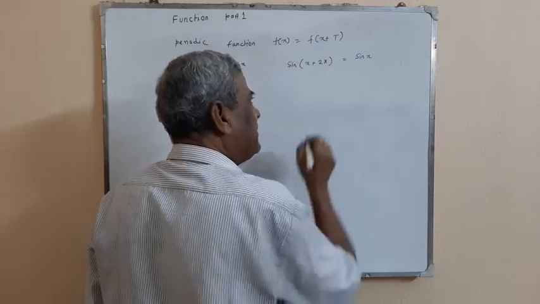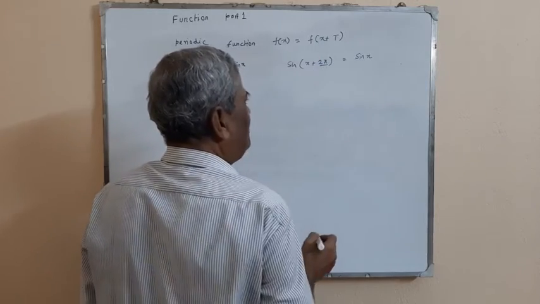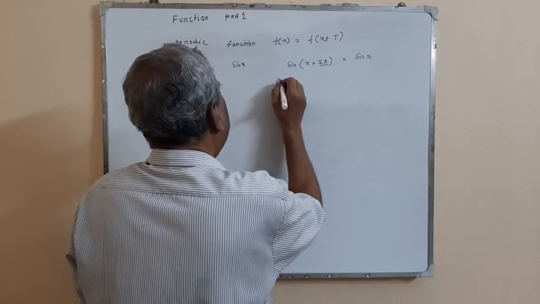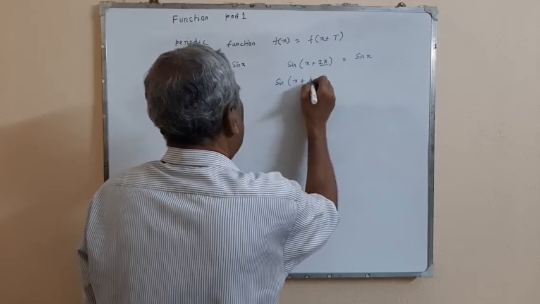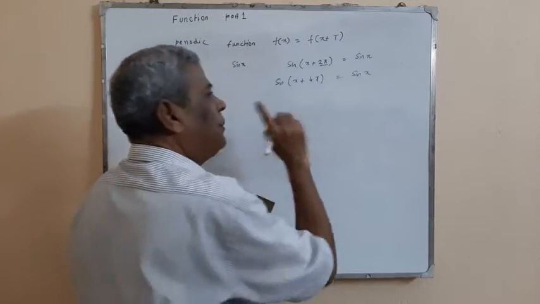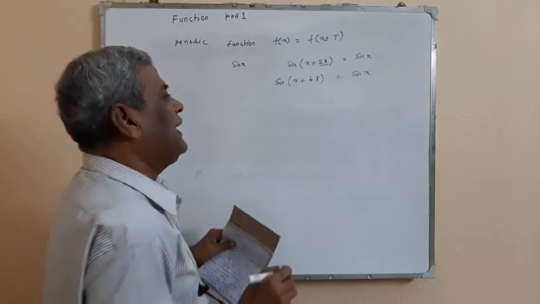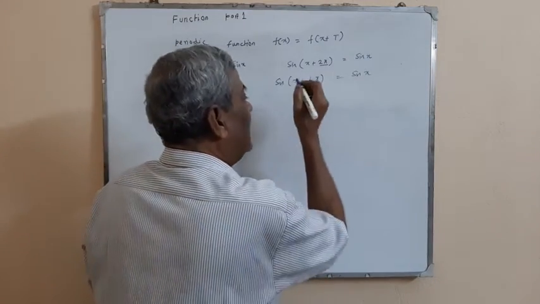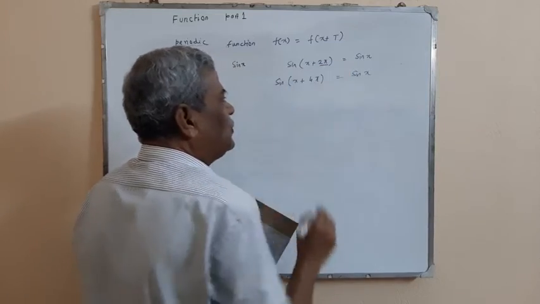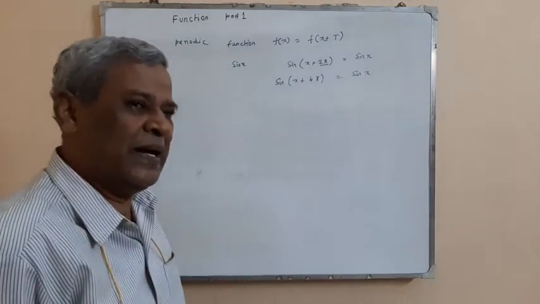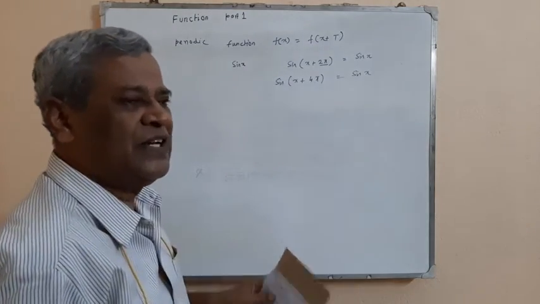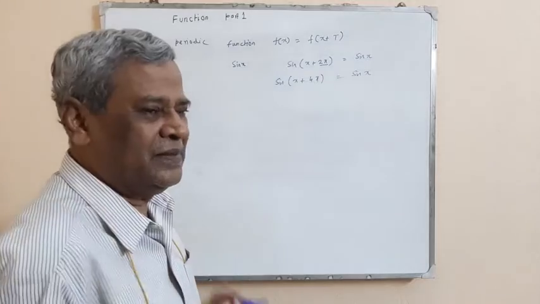So it is a periodic function of period 2π. Sin(x + 4π) is again sin x. Then it is periodic, but what is the period? Period will be the least among these, and this is the least, so period is 2π. For sine function and cos function, period is 2π.